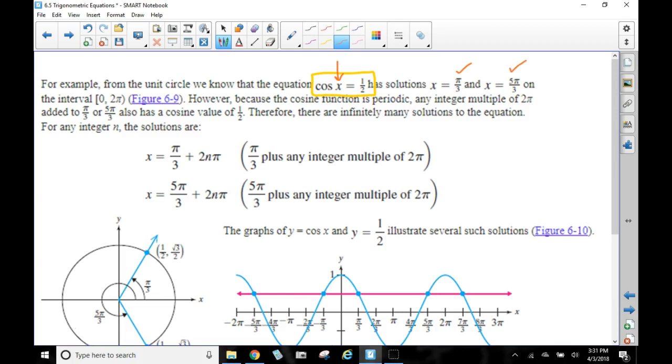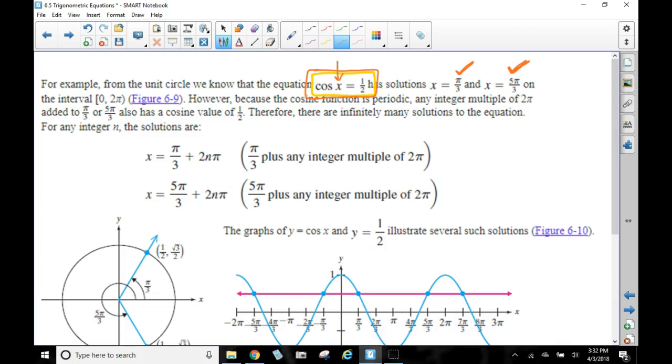And in quadrant 4, the cosine of 5 pi over 3 is also 1/2. But then we have an infinite number of other times that we hit angles that are coterminal with pi over 3 or with 5 pi over 3. So those would be solutions to this equation as well.